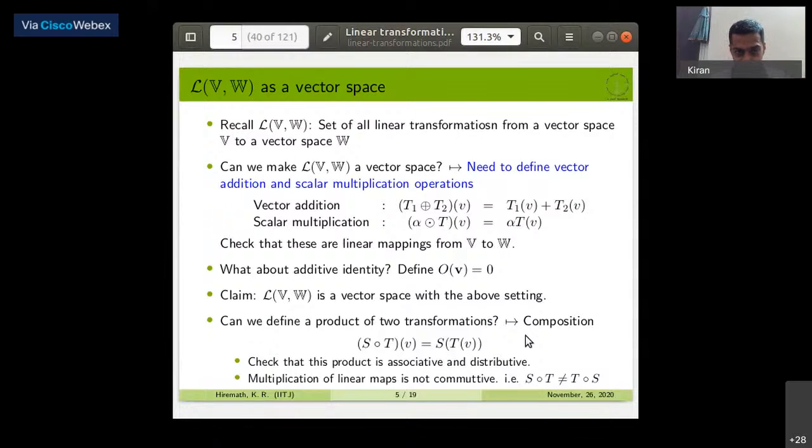So we have to bring this in the context of application: if something holds true, where it will lead, and if something fails to hold true, where it will lead. Right. So if time permits, we will come to further aspects of this vector space of linear transformations from V to W.